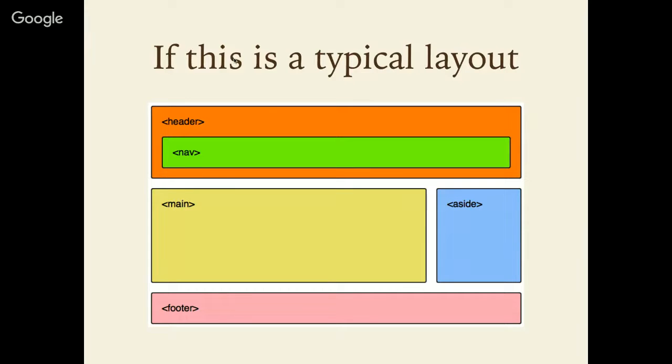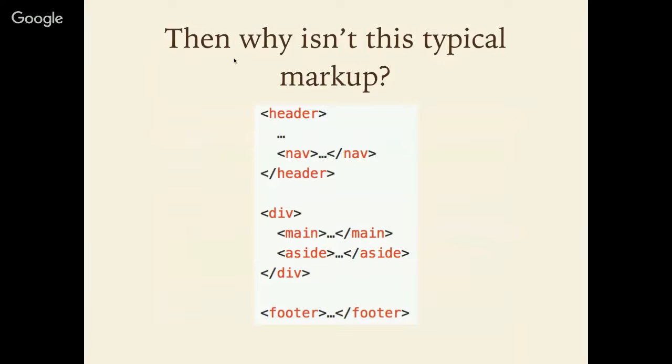So if this is a typical layout, then why isn't this a typical markup? The current slide shows a piece of code for the layout on the previous slide. So it has the header element, within it a nav element, underneath that is a div with the main and aside elements in it, and underneath that is the footer element.